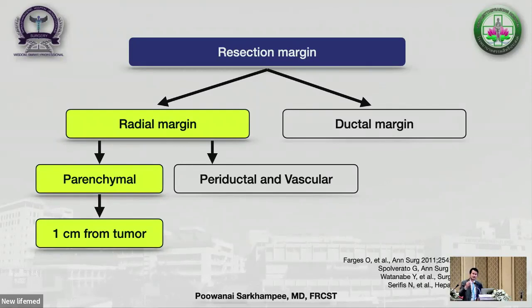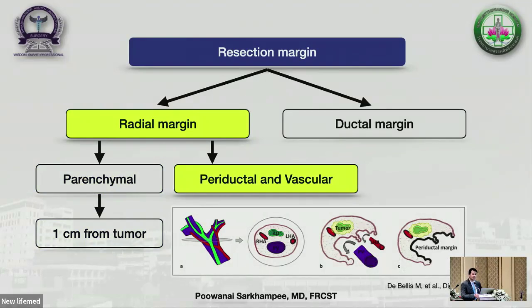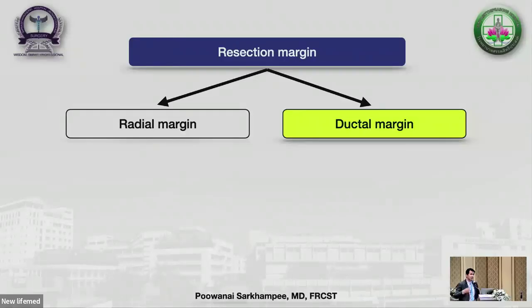It's a guarantee that you can achieve R0 resection. And for periductal and vascular margins, you must peel the soft tissue from the vessel. And if there is vascular invasion, vascular resection and reconstruction is necessary to achieve R0 resection, just like Dr. Atwood said.